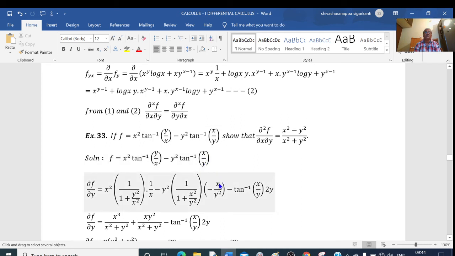X is a constant quantity. 1 by y derivative is minus 1 by y square. Okay. Next. Because minus sign is here, I will take minus sign here. Minus here. Minus. Second function. Second function is tan inverse of x by y into derivative of the first. Y square derivative is 2y. This is our dou f by dou y.